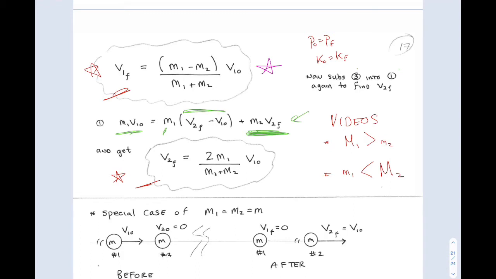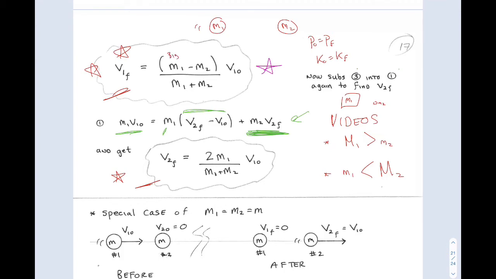All right, so I'm going to show a video where here's my M1, here's my M2 at rest, and in the first one M1 is big and M2 is small. If I go over here, I want to look at what happens to number 1 when it comes in.